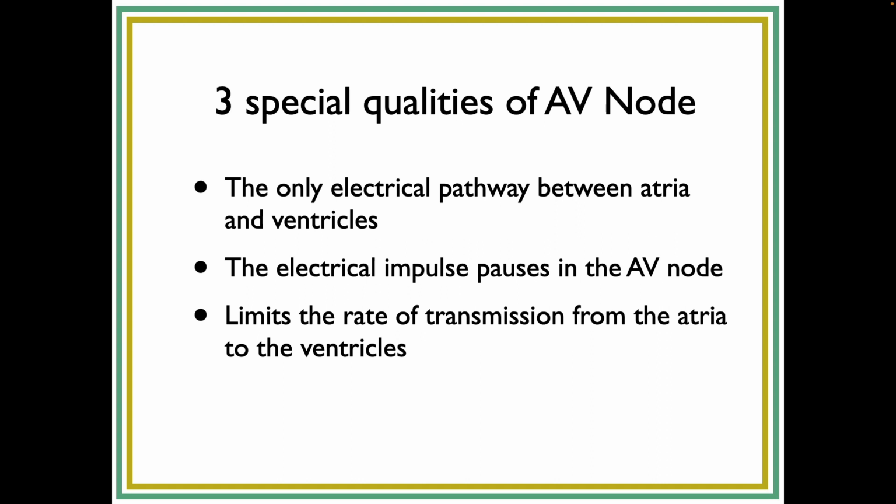And so when you have something like AFib, and again, we'll talk about this in detail in a few weeks, essentially you have electrical chaos in the atria and many impulses want to get down to the ventricles, the AV node will limit the rate of transmission, okay? And don't worry too much about that for now. We'll get back and explain that better when we get to AFib.